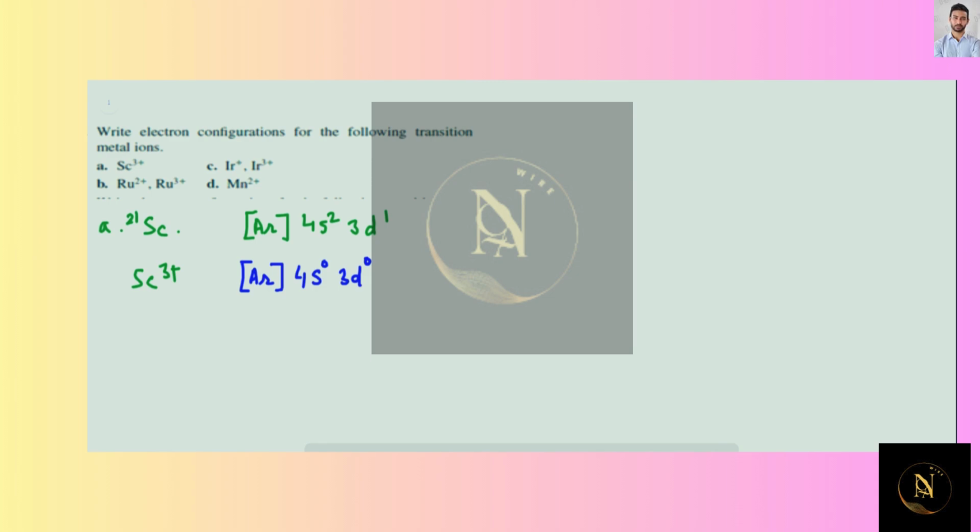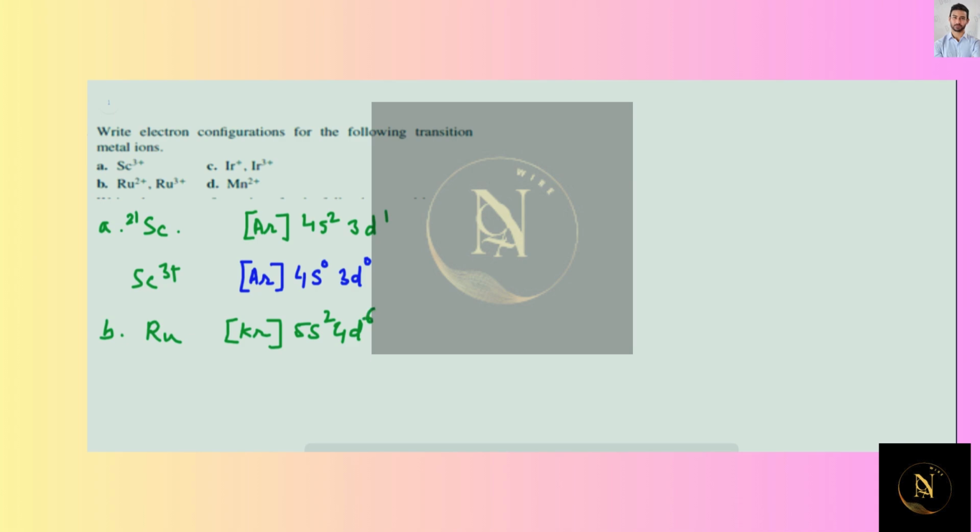Now come to B. B is ruthenium, Ru. Its neutral atom electronic configuration is after the nearest noble gas, krypton, and after that it should be 5s2 4d6.